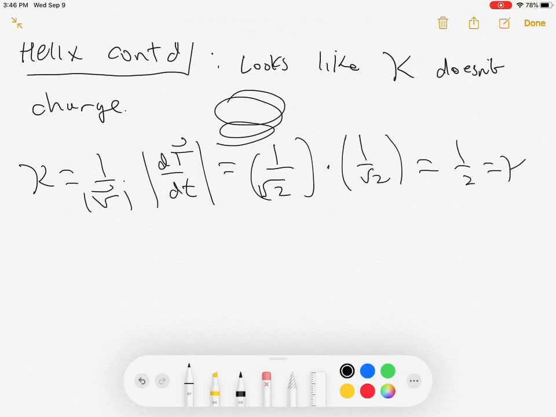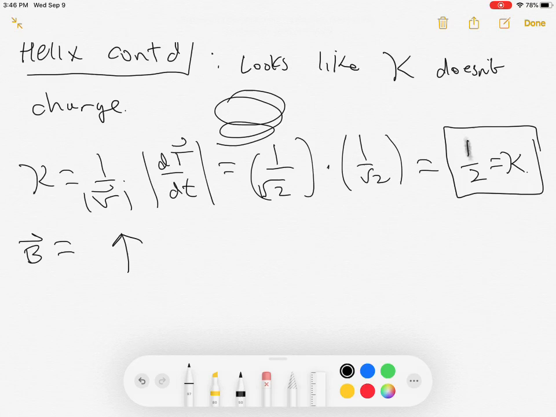And so kappa is actually fixed. And so the curvature is constant. And if you notice, the B vector had a k component, so it was sticking straight up the whole time.